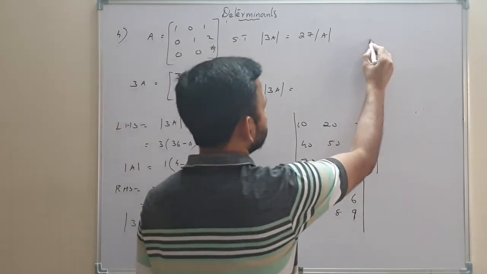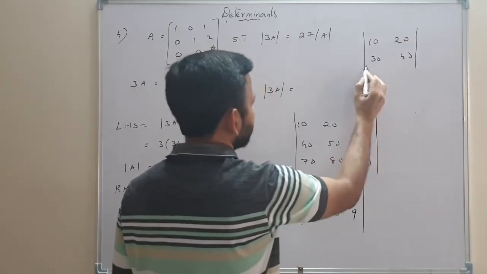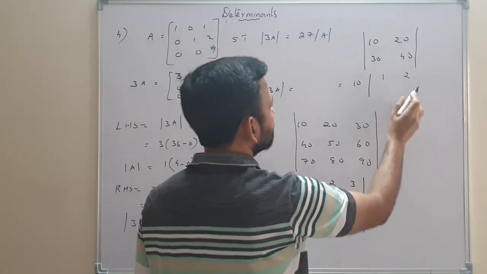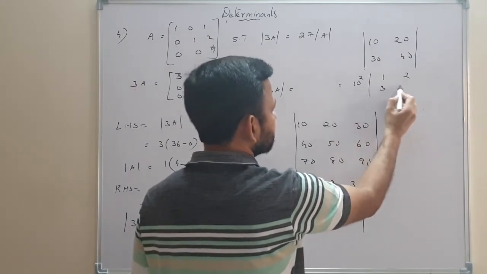If it is a 2 by 2 matrix, 10, 20, 30, 40, if you take 10 outside, we can take 10 outside from first row, 1, 2. We can take 10 outside from second row, so 10 square, 3, 4.